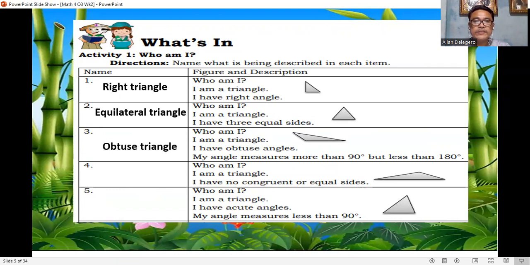Number 4, it has no congruent or equal sides. It is a scalene triangle. It has an acute angle. The angle measures less than 90 degrees. The figure is an acute triangle.